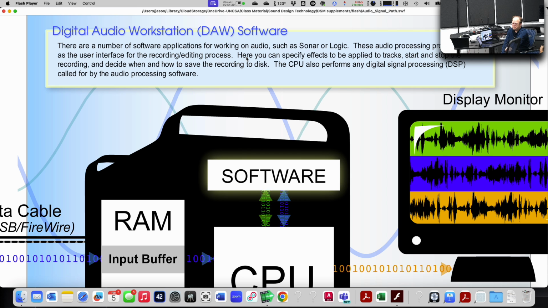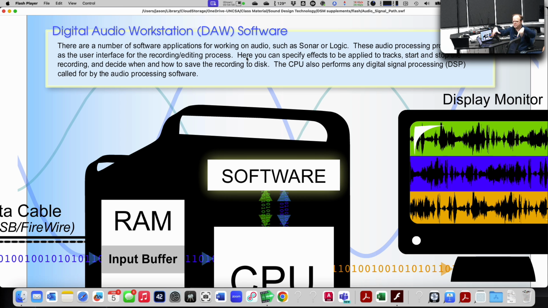So the software is never actually touching the audio. It's just saying, hey, they want to do this thing. Do the thing. And the CPU says, okay. The software just has the instructions about what to do with this never-ending stream of data that's coming in. It's saying, this means that, this means that, do this with this part of it, do this with the other part of it.